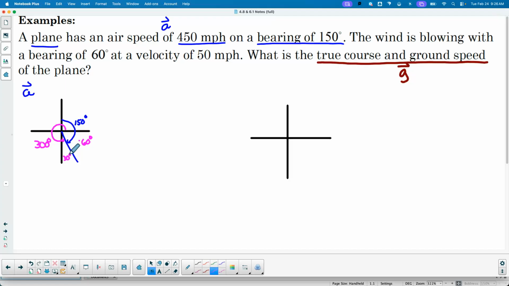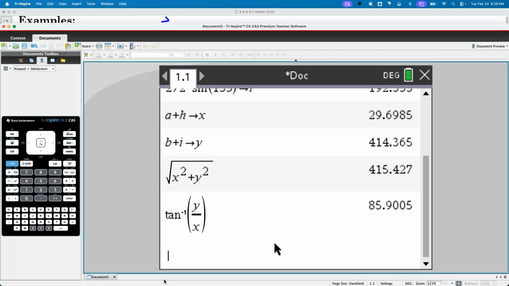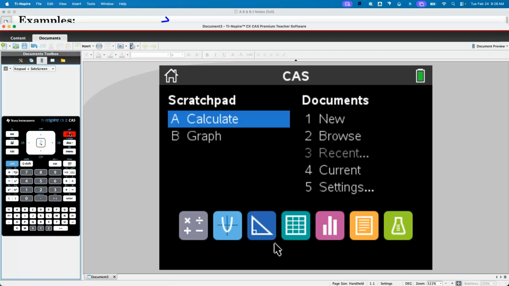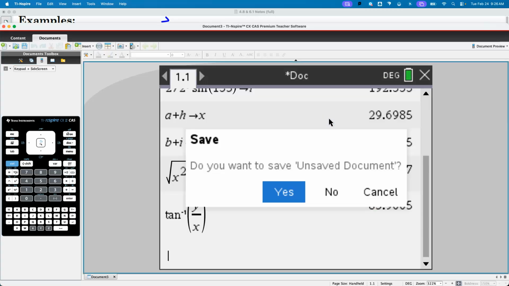Okay? So vector A then would be the vector 450 cosine of 300, 450 sine of 300. Agree with me on that? Okay. Let's put those in the calculator. New problem, so I like to just start fresh. So I'm going to start a new document, but that's just me.